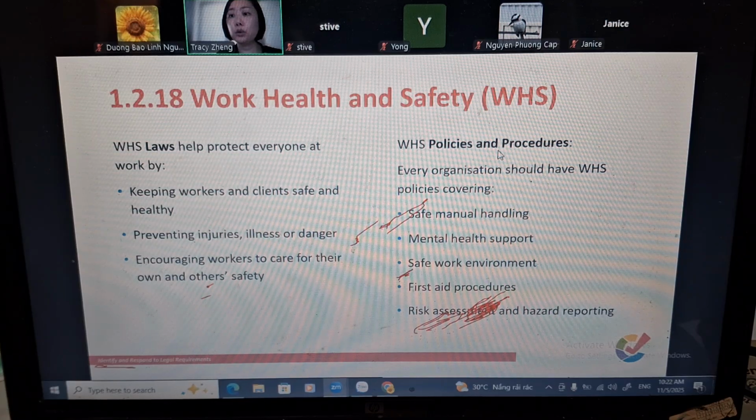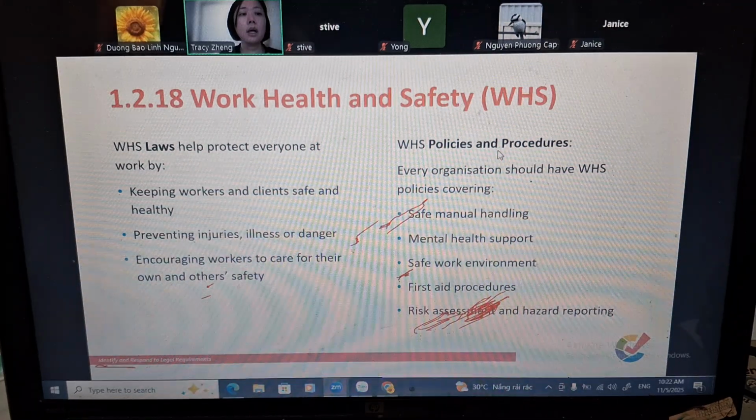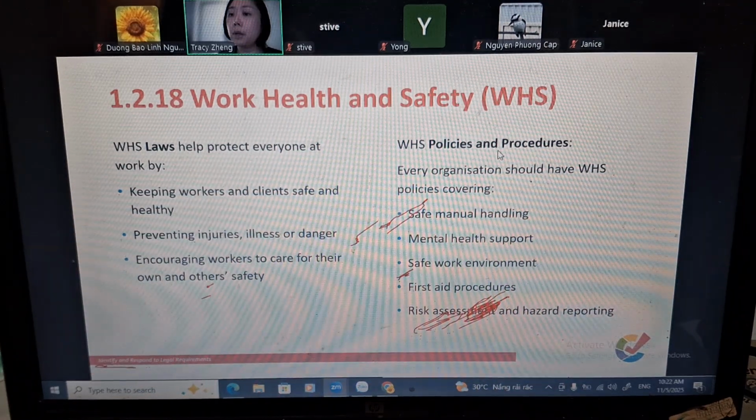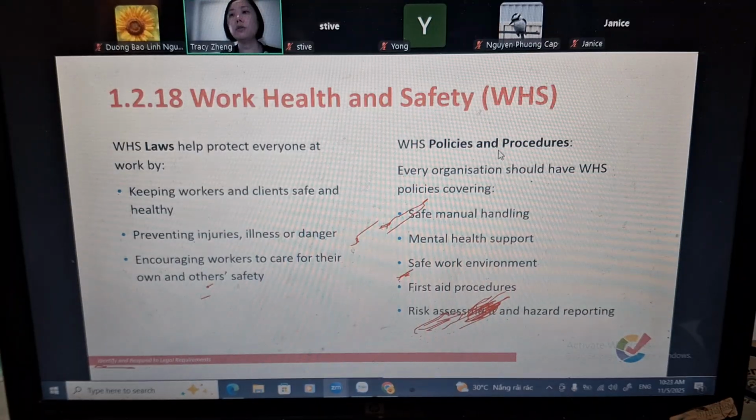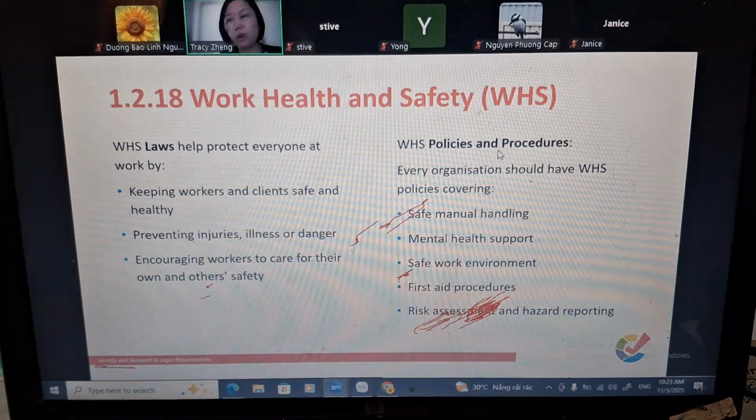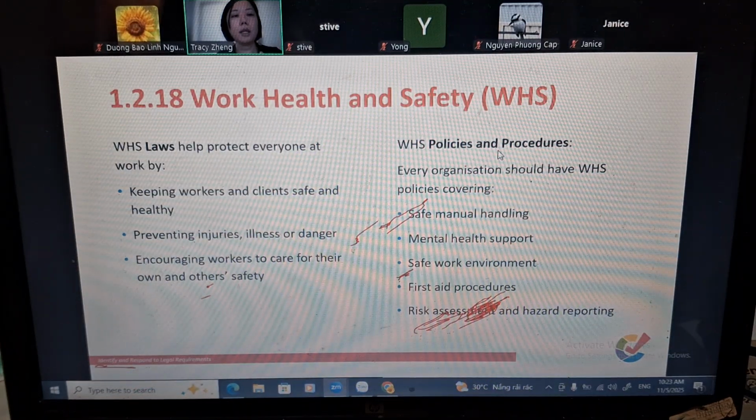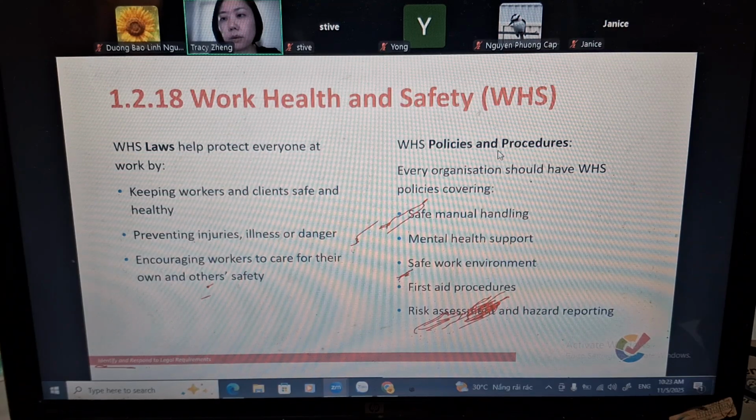That includes wearing PPE, taking precautions, using the proper equipment, and following manual handling, all of those, right? That's related to the client's safety and health.